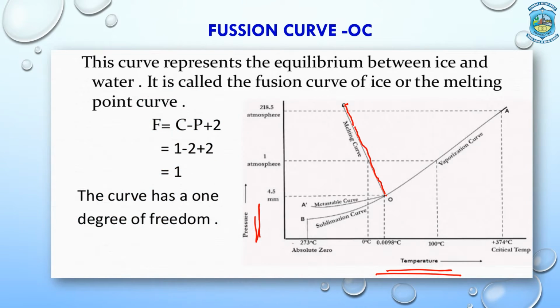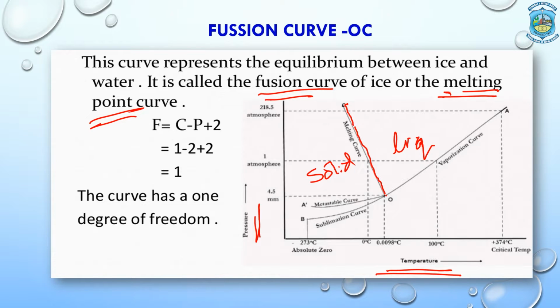So, this curve is known as the fusion curve, because here we are talking about an equilibrium between the solid state and the liquid state. So, it is talking about the process of fusion, or it can also be termed the melting point curve, because a solid getting converted into a liquid is known as melting.